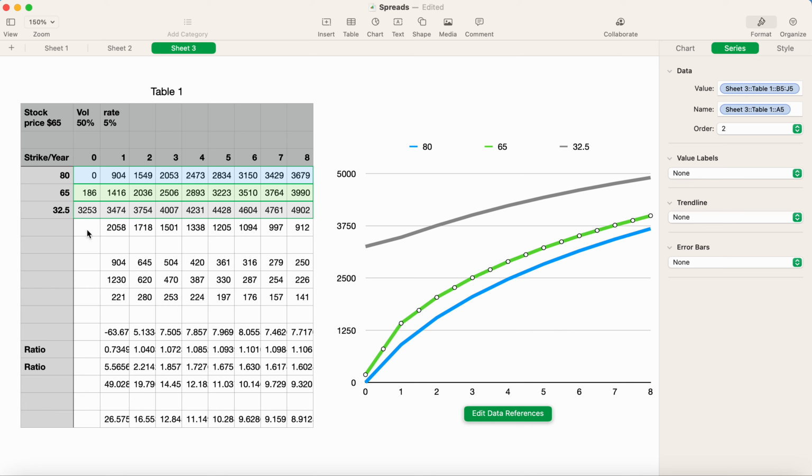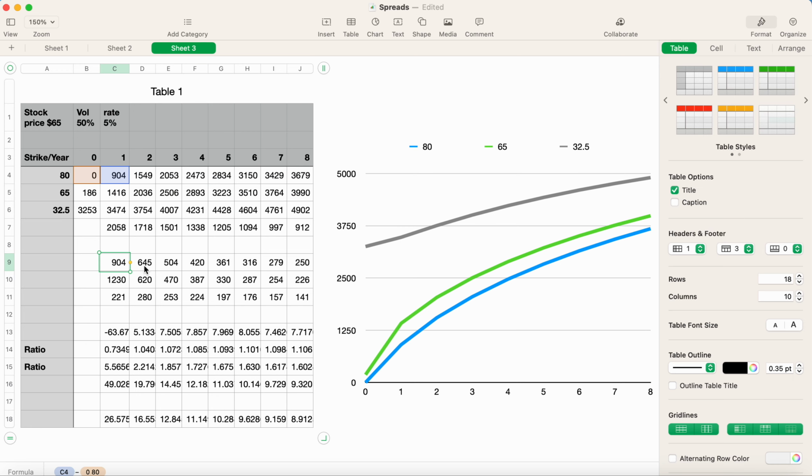So let's say, and I have here some difference in change of the call options. This is what is going to happen when you roll options as you go farther out in time. I'm going to show you what happens when you do a debit spread.